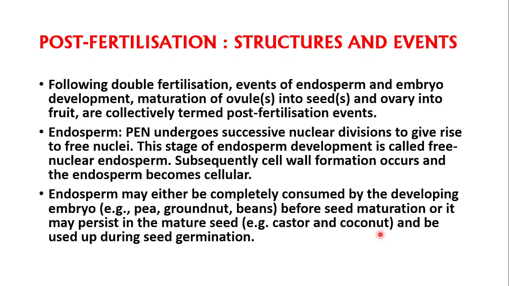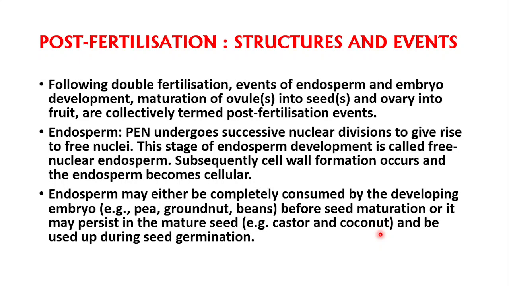In case of pea plant, groundnut and beans, say for example, the endosperm which is produced will be completely consumed. But in case of castor and coconut, the endosperm will be remaining or else it will be persistent. It may be remaining as it is. That means part of the endosperm will be consumed and part of it will be remaining.